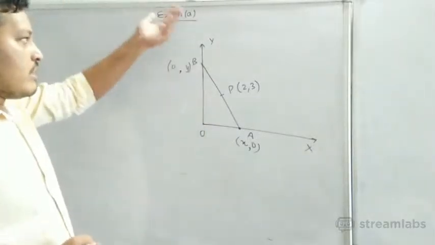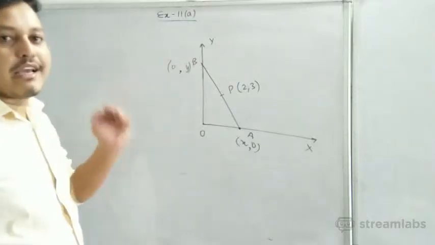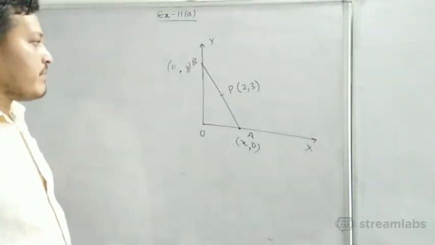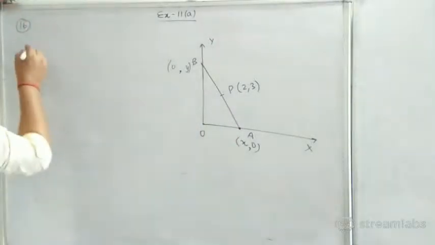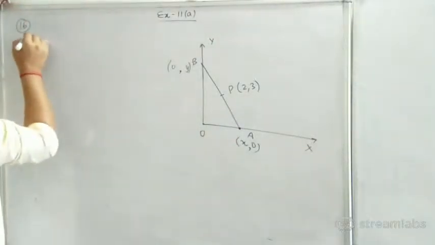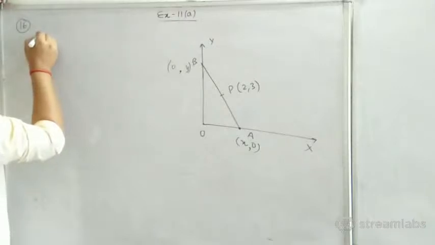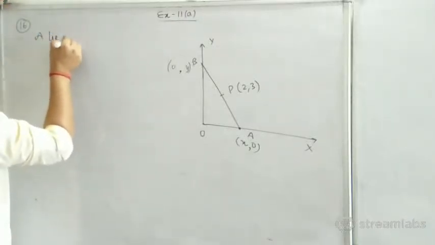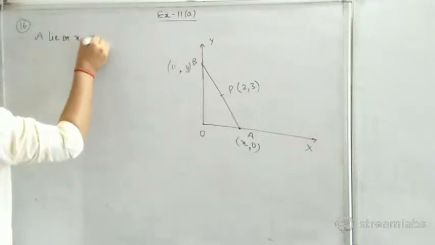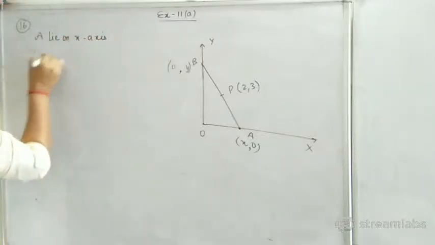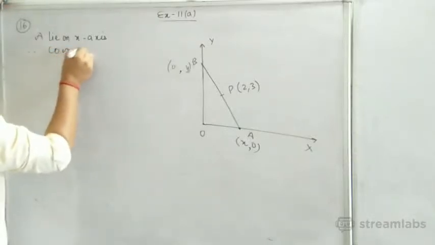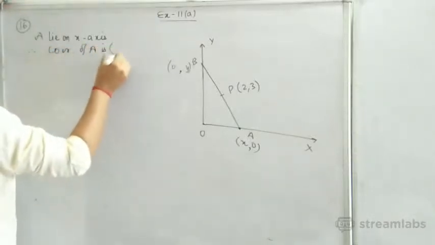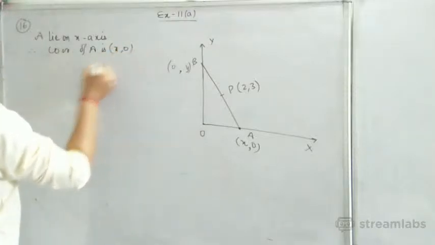Now the question is to calculate x and y. In the last question we calculated the values of A and B using the midpoint. Now, using the midpoint, calculate the values of x and y. So write down: point A lies on the x-axis, therefore the coordinate of A is (x, 0).